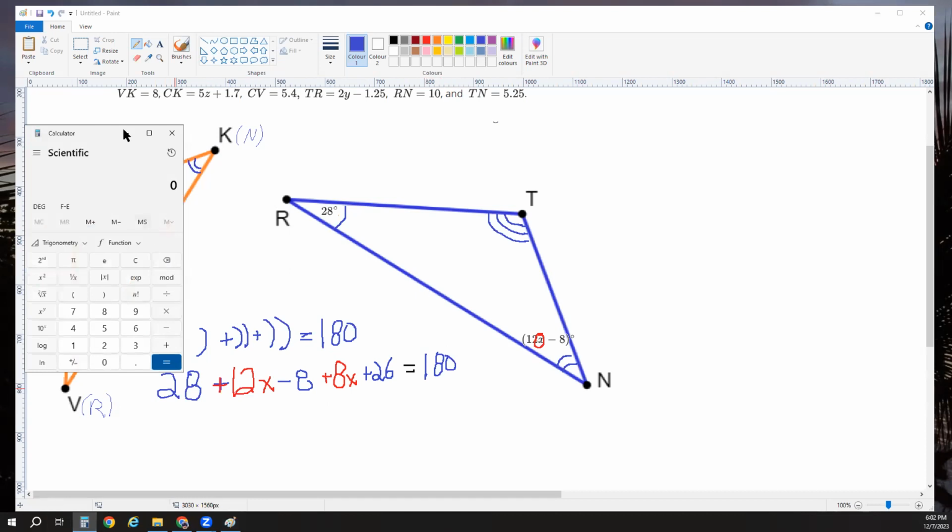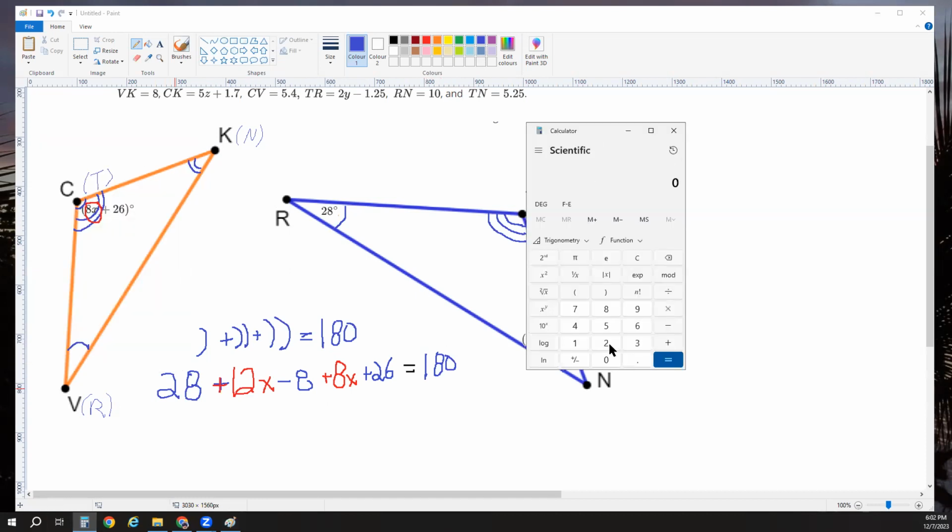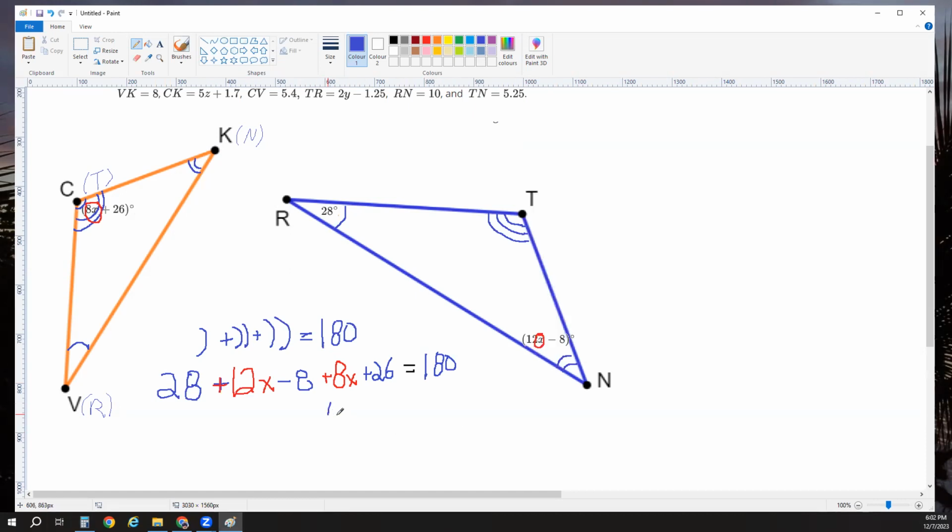So I'm going to add up the constants. 28 minus 8 plus 26 equals 46. 46 equals 180. 12 plus 8 is 20x.